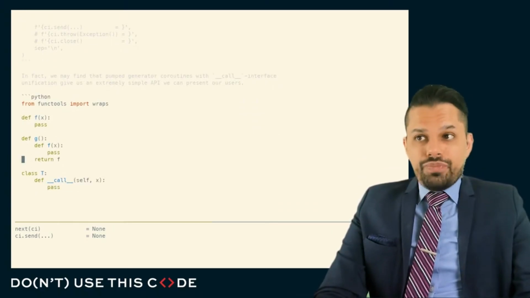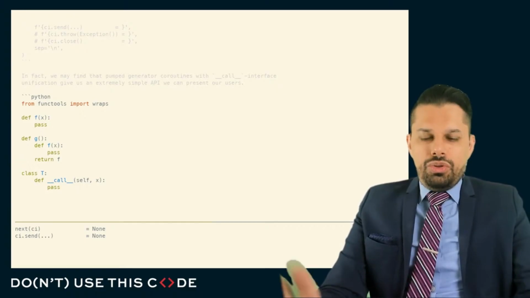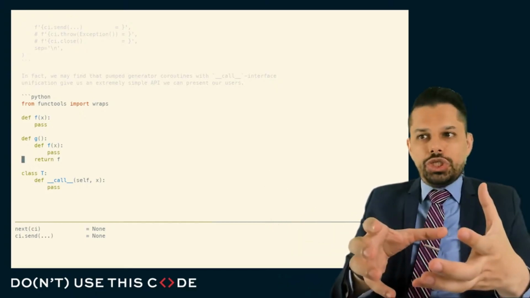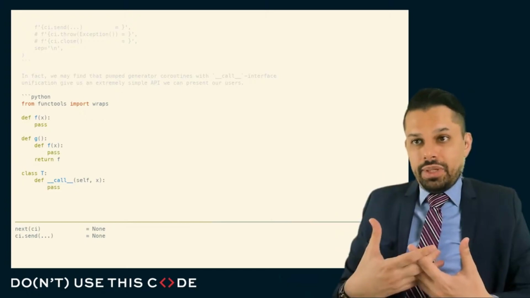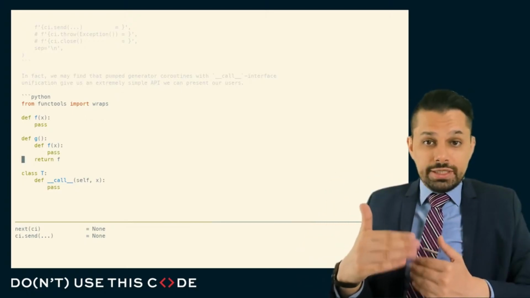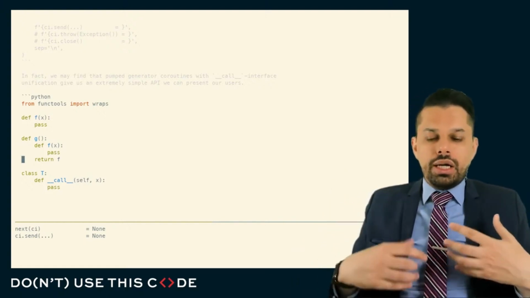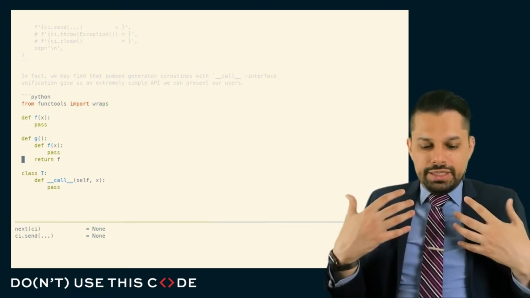We may discover that providing APIs to our end users through some call unification gives us a very simple API that's quite extensible and gives our end users a lot of choices without creating an API that requires a lot of documentation or a lot of deliberate design or thought.